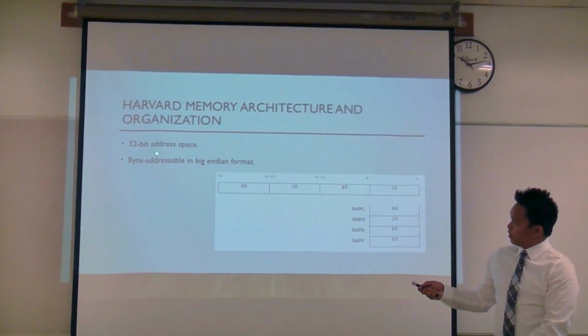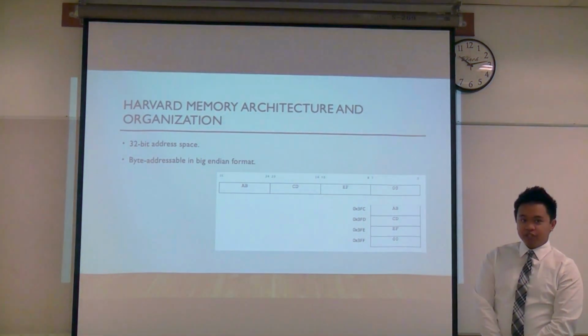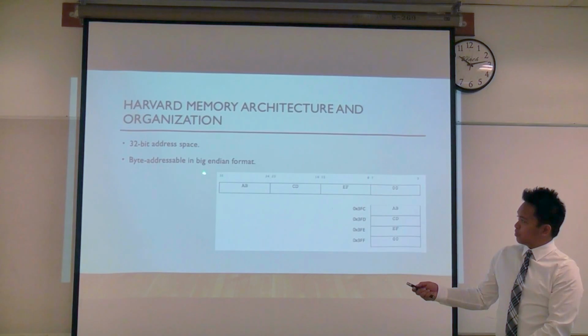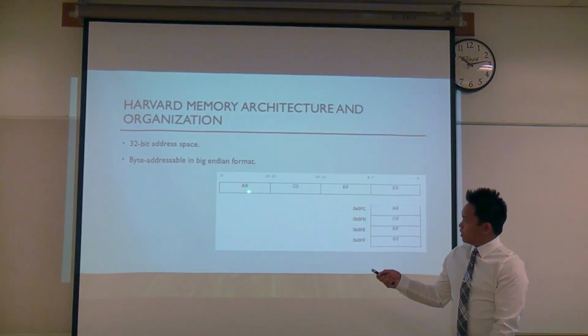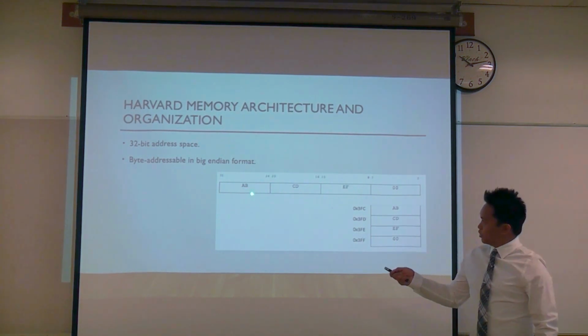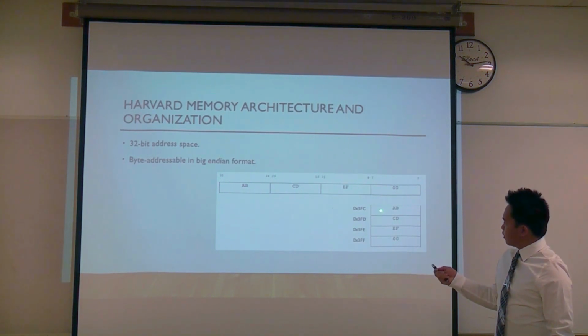So it also contains a 32-bit address space, and the memory is structured such that it is byte addressable in big endian format, meaning that the big end of the data, the 32 bits, from bits 31 to 24, are in the lower address.